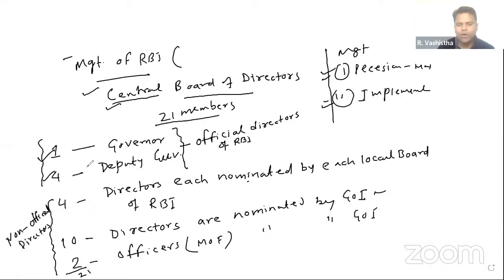Official directors are the governor and deputy governors. Non-official directors are all the remaining directors nominated either by local boards of RBI or by the Government of India. The official directors, governor and deputy governors, are appointed by Government of India. Please write it down: governor and deputy governors are appointed by Government of India.